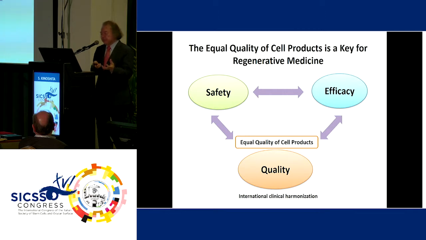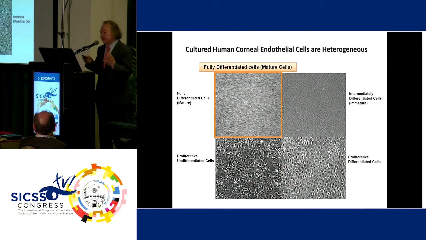For this type of surgery, equal quality of cell products is key for regenerative medicine. If we can trust that the cell products are of equal quality, then we can evaluate the safety and efficacy issues as well. When we culture human corneal endothelial cells, they are heterogeneous.